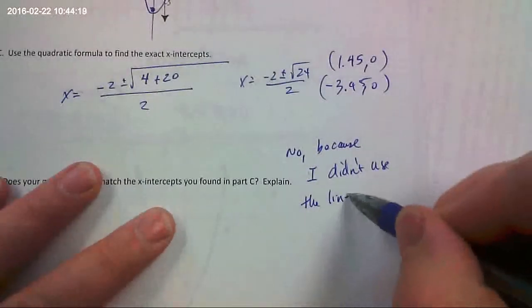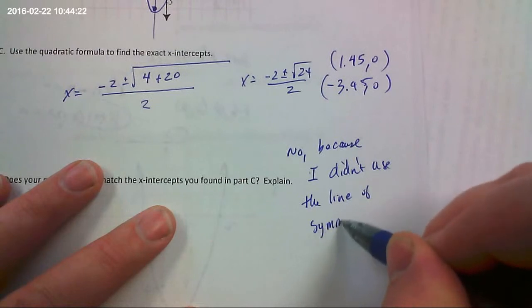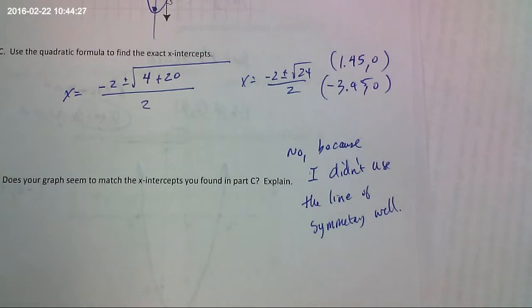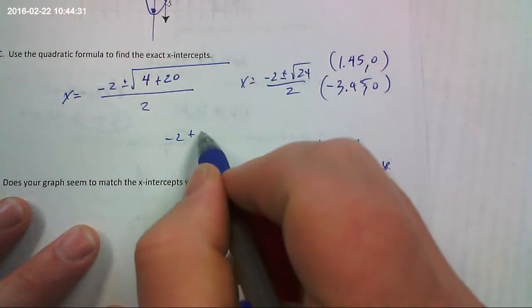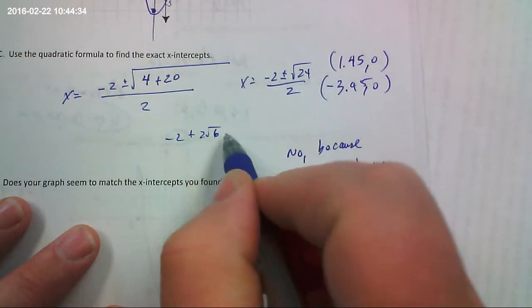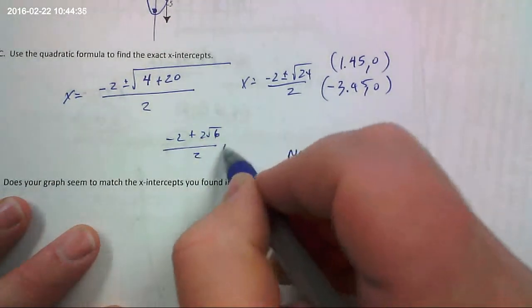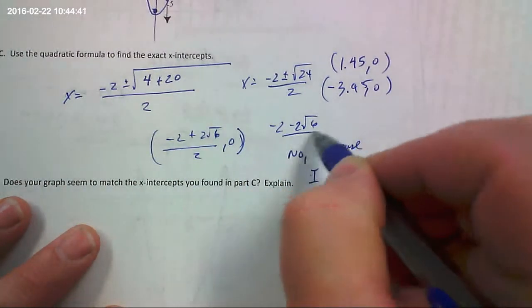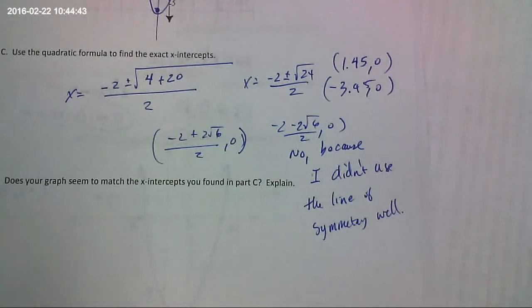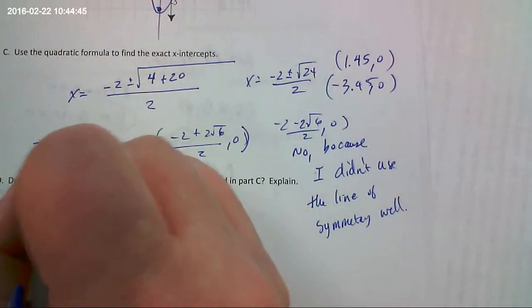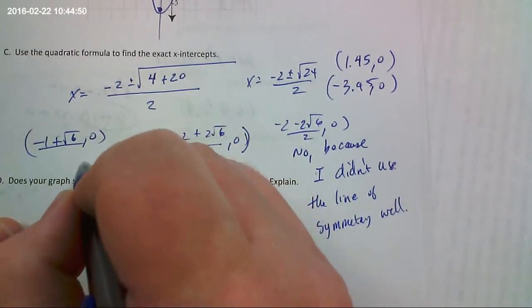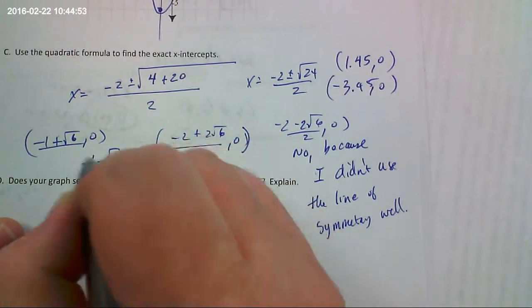Yes, Sam? For C, why did you round it and not find the exact intersection? Oh, because I didn't read it very carefully. You're right, thank you. You could reduce that, right? So if you reduced it, then it would be negative 1 plus square root of 6, comma 0, and negative 1 minus square root of 6, comma 0.